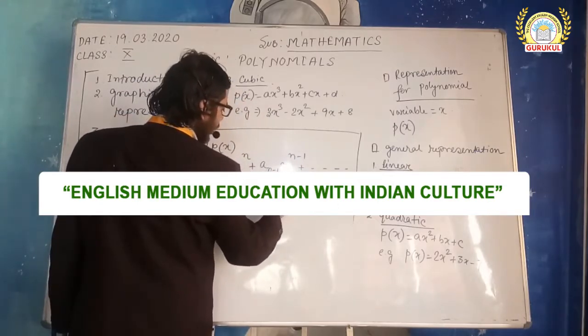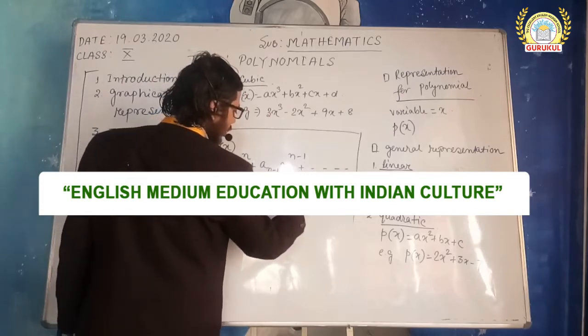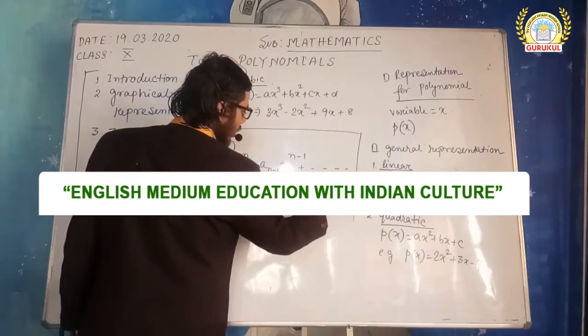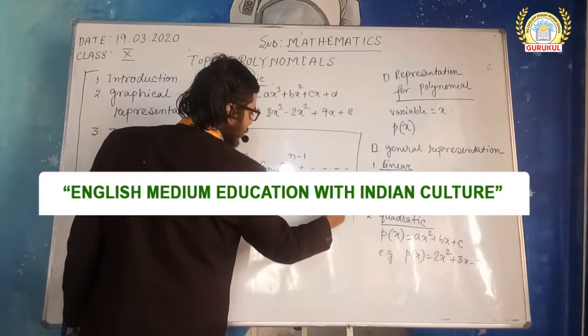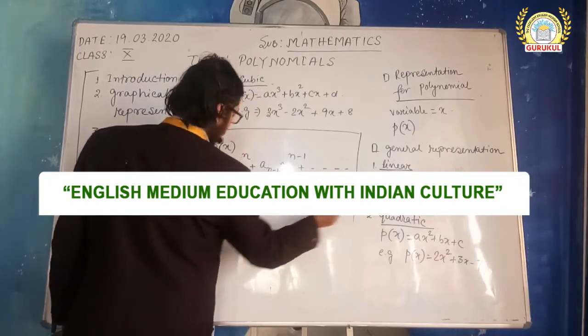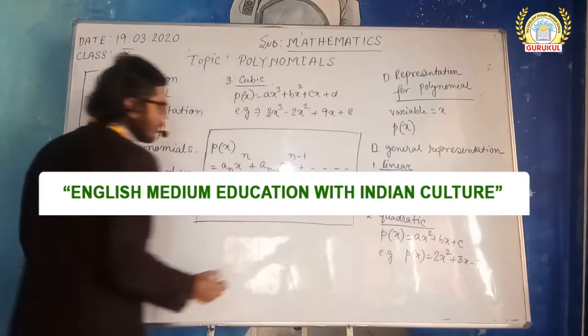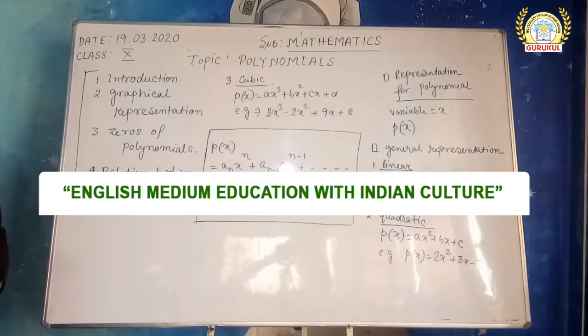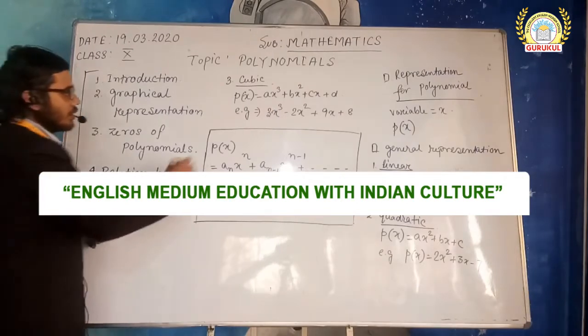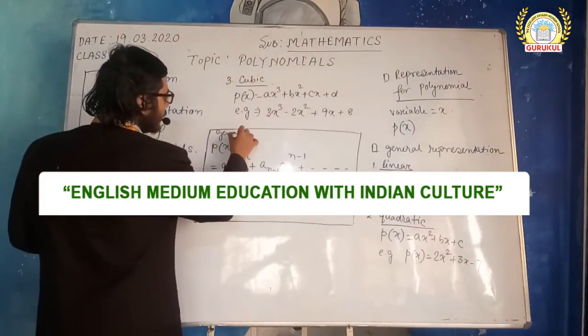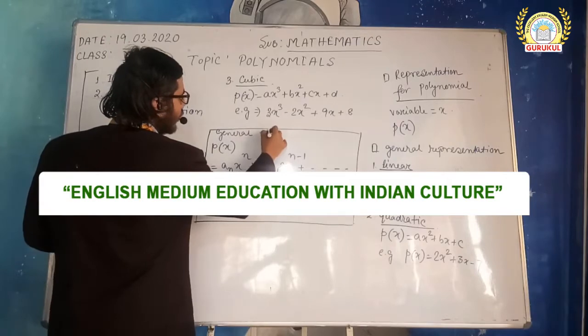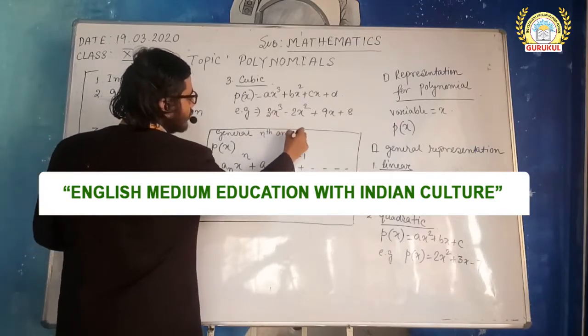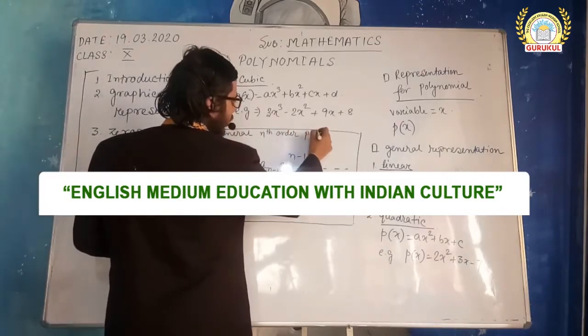After that, a3 x cube, a2 x square, a1 x, and after that a0. Like this way you will get a particular polynomial expression. No need to fear about it. This is a very simple thing. This is the general nth order polynomial. What does that mean?